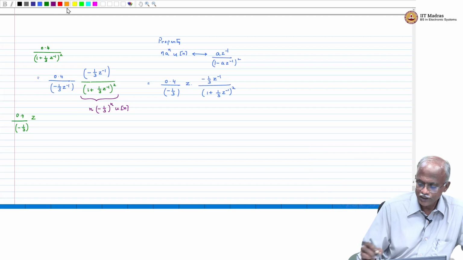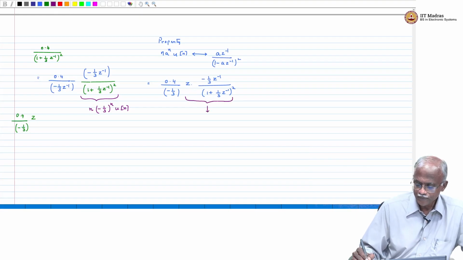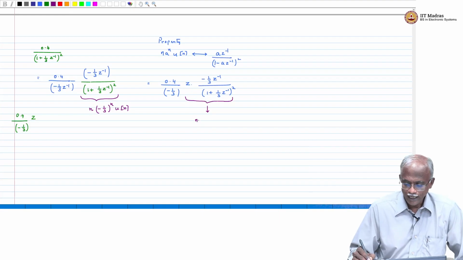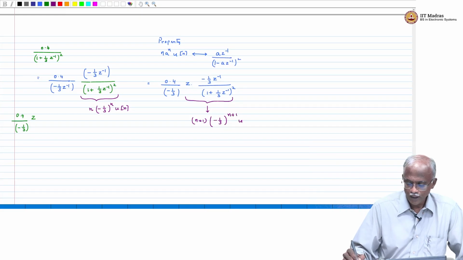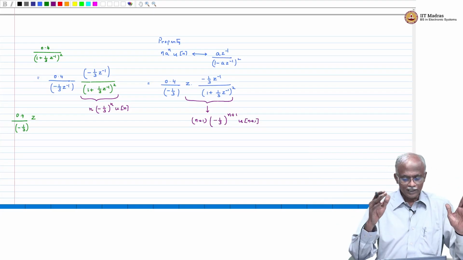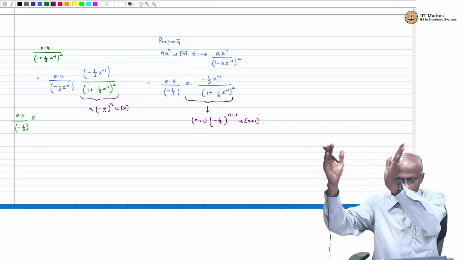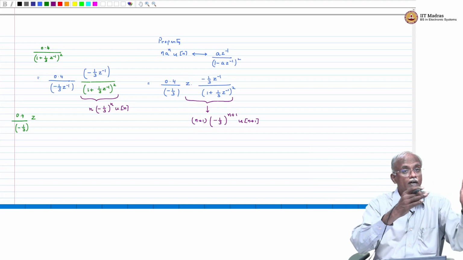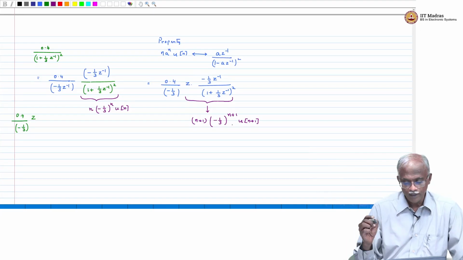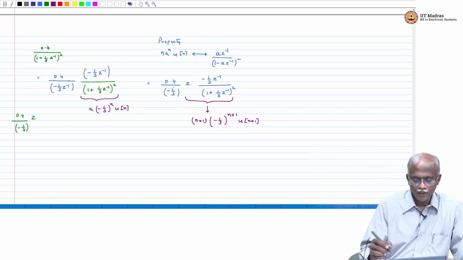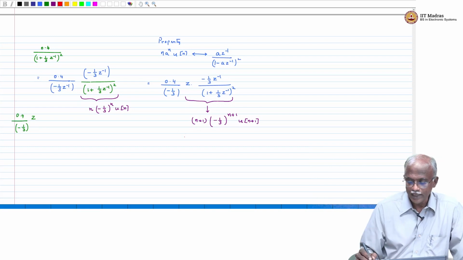Now combine these two. What do you get as the expression? You will get n plus 1 times minus 1 by 3 raised to the power n plus 1 u of n plus 1. Basically, that's what this z is going to do. Whatever was the original sequence, you're going to advance it by 1 unit of time.